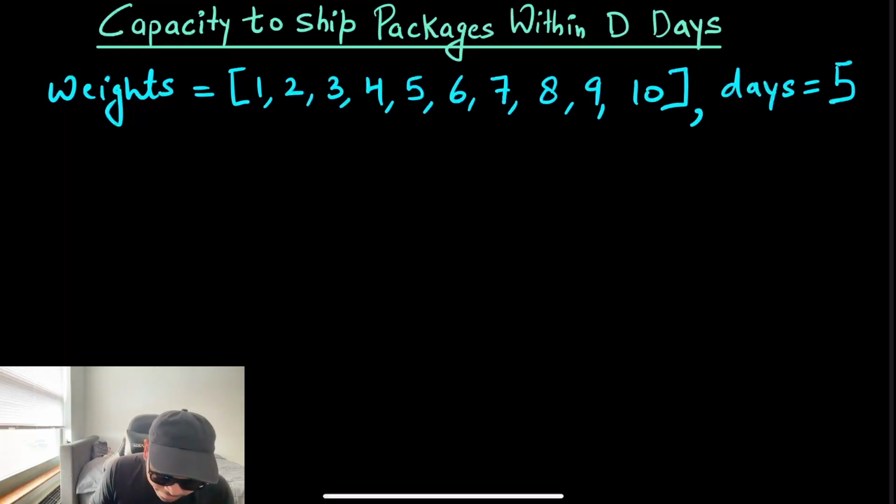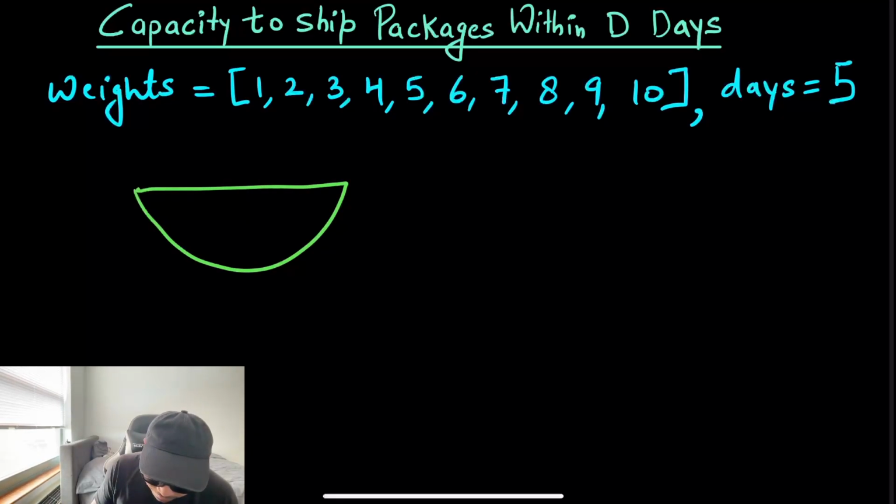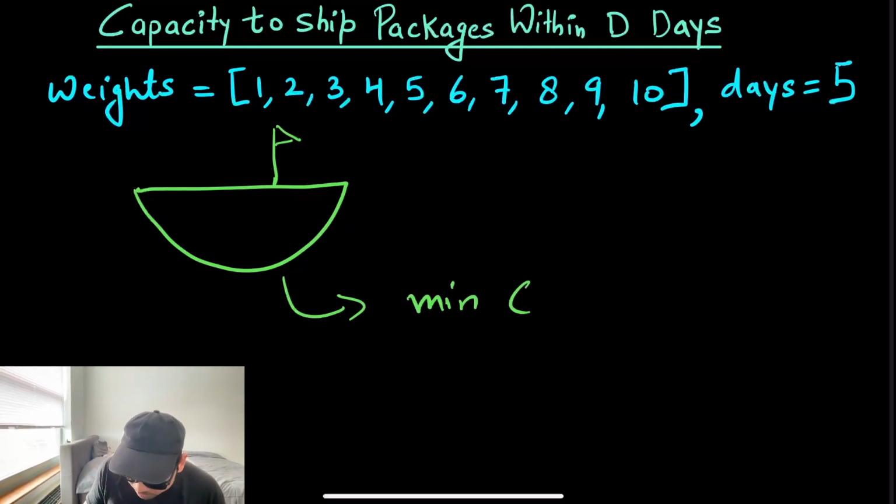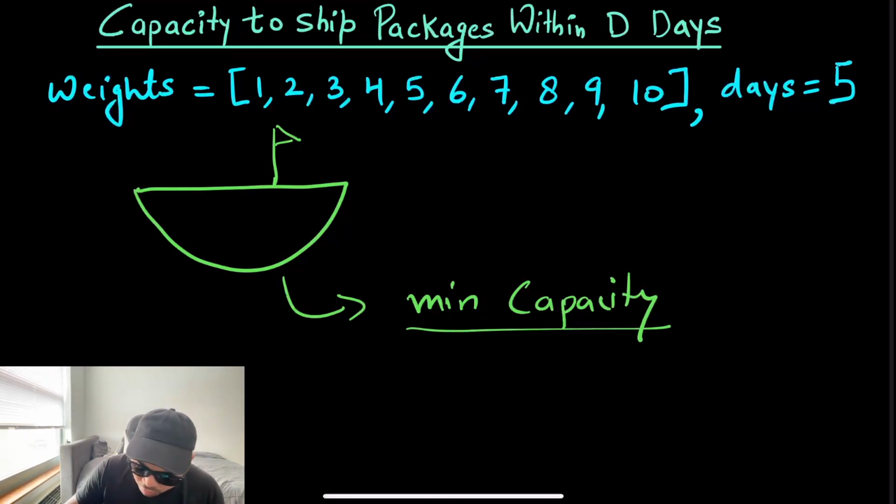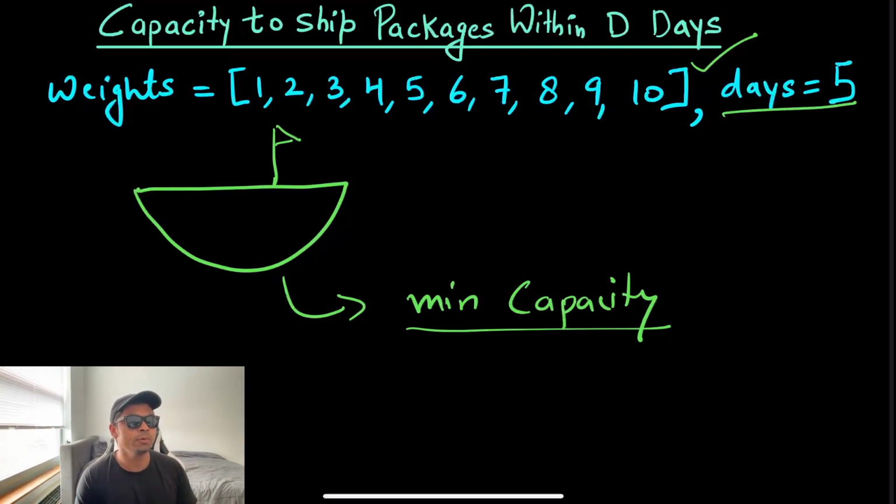So let's say we have our ship over here, this is our ship, and we need to find this minimum capacity, so that we are able to ship all of these packages and utilize all the days that are given to us.